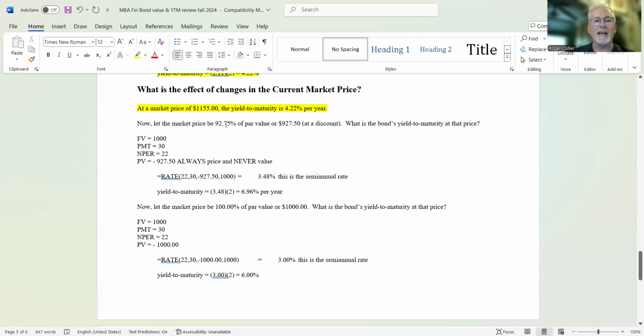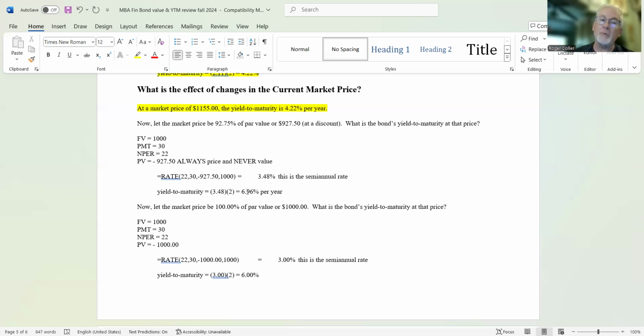The price went down to 92.75%, and as a result, the yield to maturity went up, right? It's now above that 6% coupon rate. At 11.55, a premium, our yield to maturity was 4.22%.